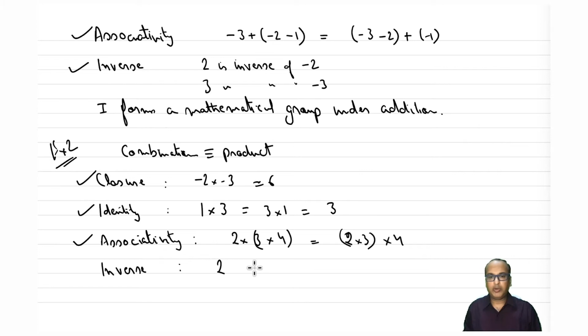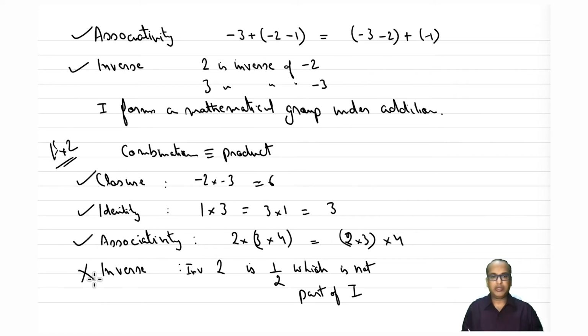Now let us look at inverse. The inverse of 2 is 1 by 2. Okay. In the previous case it was -2. In this case it is 1 by 2 because we have changed the definition of combination, right? So the inverse of 2 is 1 by 2, which is not part of I, right?